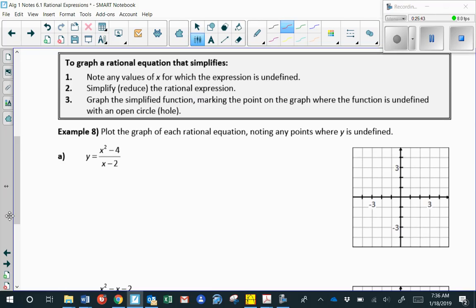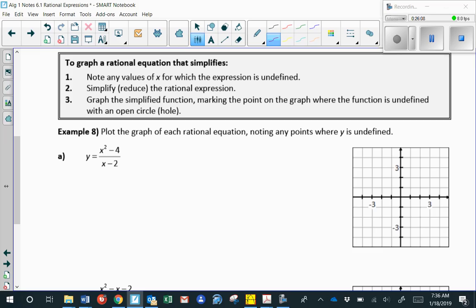All right, lastly, to graph any rational expression that simplifies, I can do this a little quicker than using a table of values. I just note any values for which the expression is undefined, simplify the rational expression, and then graph the simplified function, marking the point on the graph where the function is undefined with an open circle, or more informally, a hole in the graph.